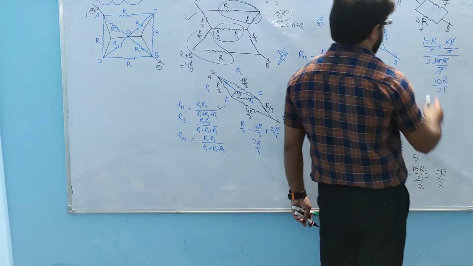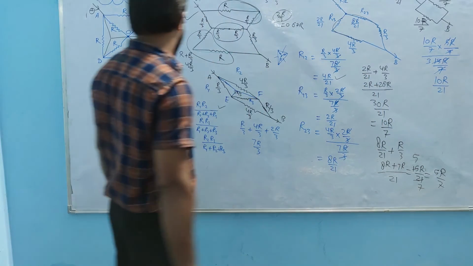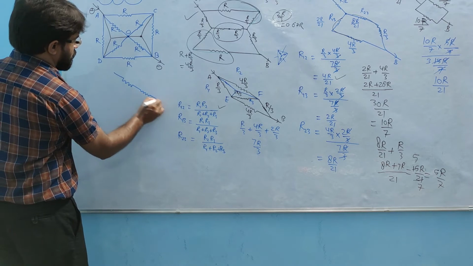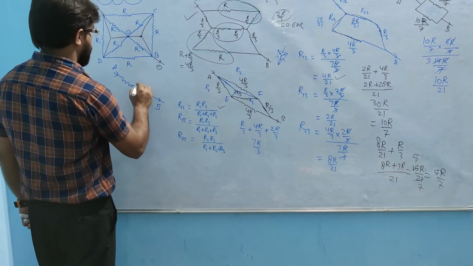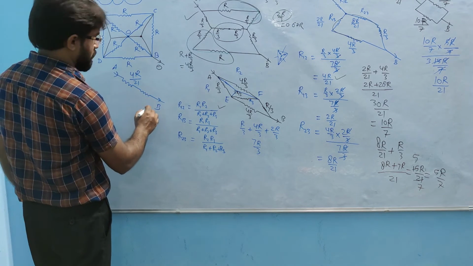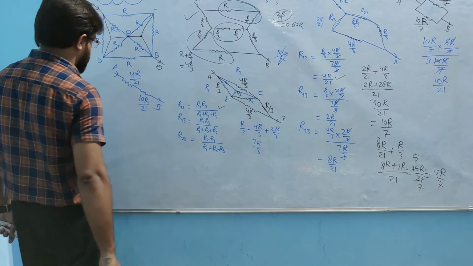10R by 21, and this 10R by 21, now it would be looking like this. BA, that is 4R by 21, and this comes 10R by 21, both are in series.